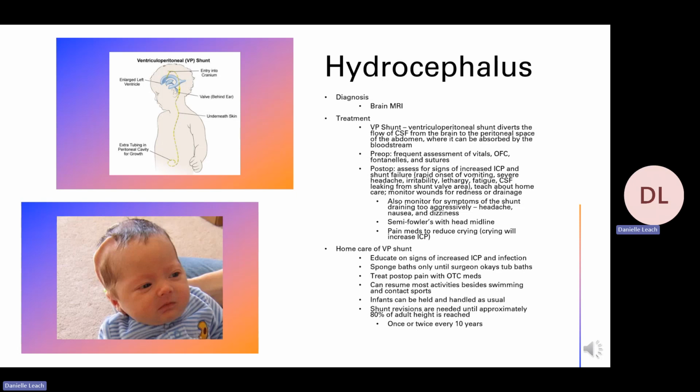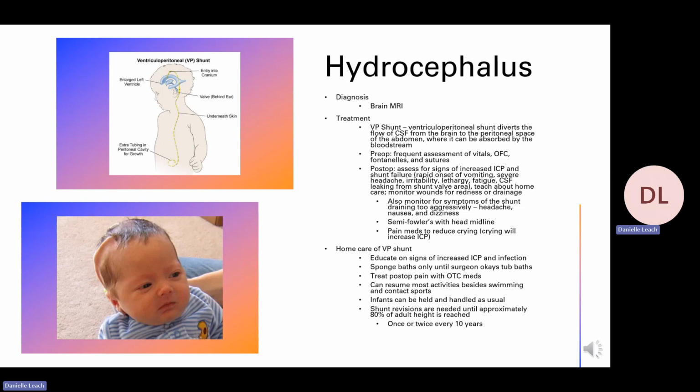Also, when they come back from surgery, we want to have them in basically a semi-Fowler's type position with their head midline to minimize any sudden changes in their intracranial pressure. So just having the head of bed very slightly elevated, and we want to keep them midline, so not necessarily on one side or the other or on their belly.